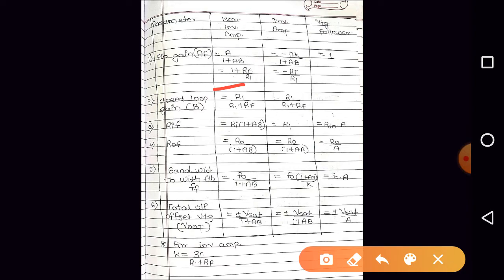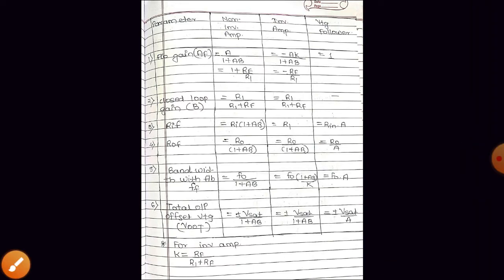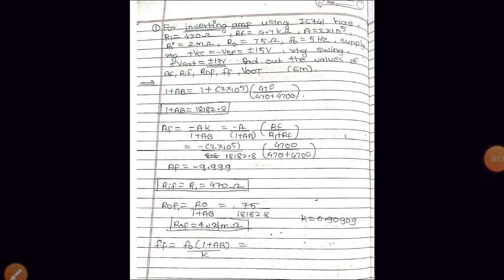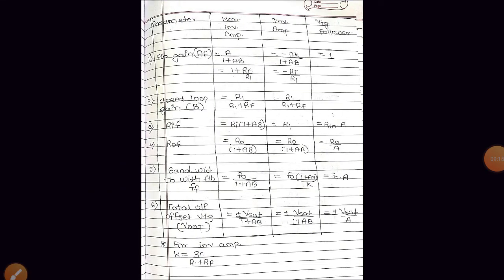RF is the feedback resistor, R1 is the input resistor. Based on this table, you can solve the numerical problems based on non-inverting amplifier, inverting amplifier, and voltage follower. Go through this table to solve the numericals based on the operational amplifier, that is the closed loop operational amplifier.